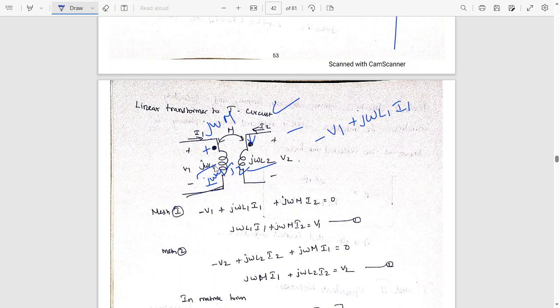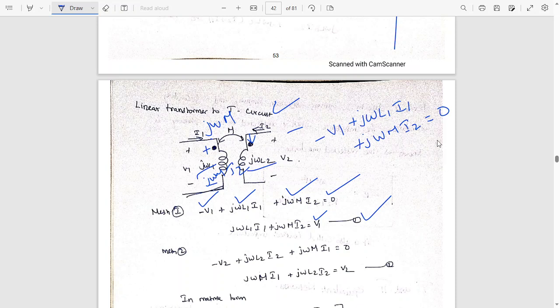I1 is entering positive, leaving negative. So it obeys the passive sign convention. So plus j omega M I2 equal to 0. So minus V1 plus j omega L1 I1 plus j omega M I2 equal to 0. So I can rearrange it and consider it as equation number 1. I just took V1 to other side.